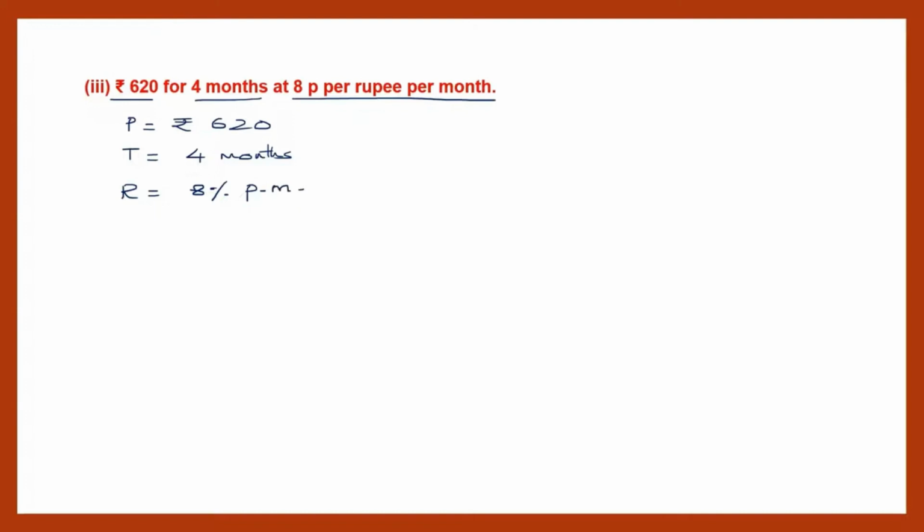Now let's find the simple interest. Simple interest, the formula is P into R into T divided by 100. So let's substitute the values for P, R and T. P is 620. R is 8%, we found, into time is 4 months.